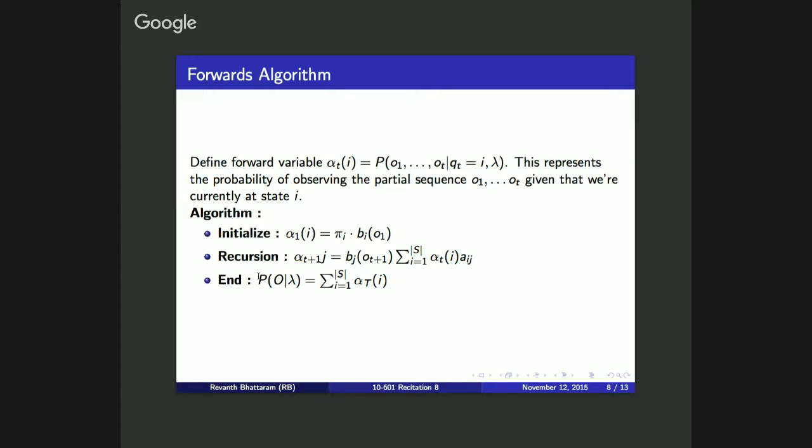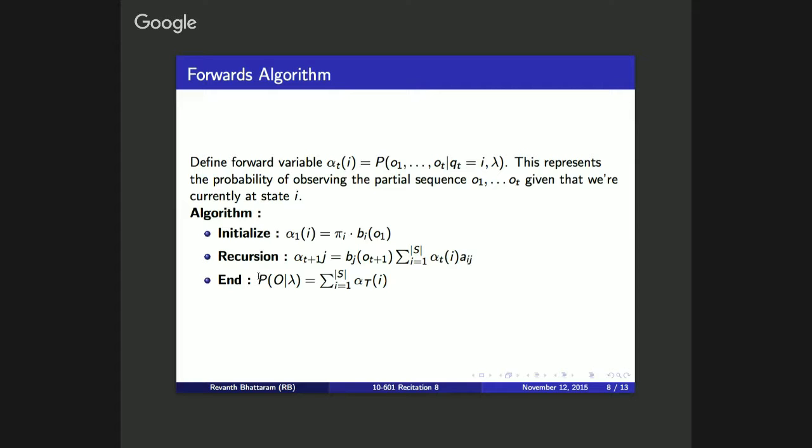I've already observed everything, and now I've ended up in state I. You can look at it as alpha capital T of I. What does that mean? It means that I've observed O1, O2, up to O capital T, which is my observation sequence, given that I've ended up in state I.